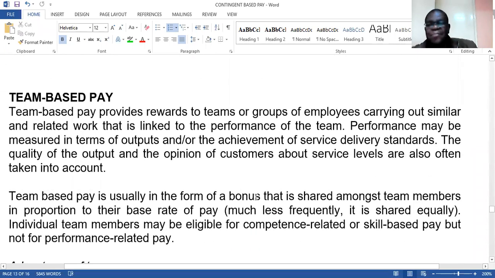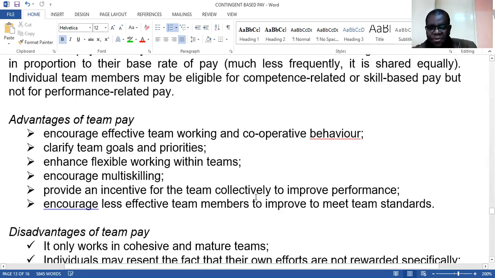Now, the last bit of the session focuses on team-based, not the individual. Here you are looking at how to reward teams and not individuals. The benefit of team-based schemes: you will encourage teamwork, you will encourage focusing on team goals and priorities, you will encourage working flexibly within teams, you will encourage the team members to be multi-skilled so as to help one another.